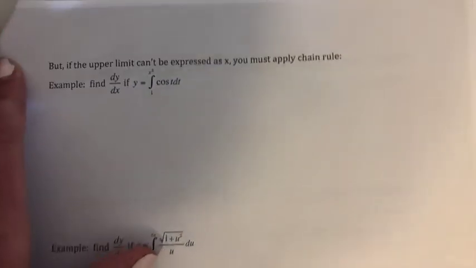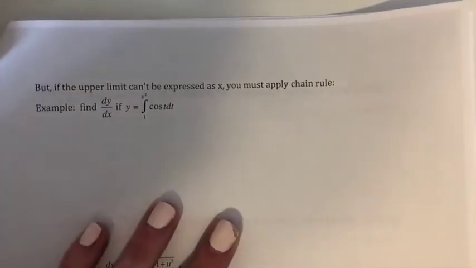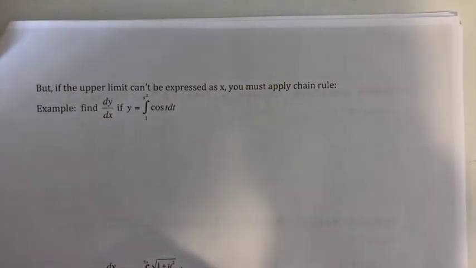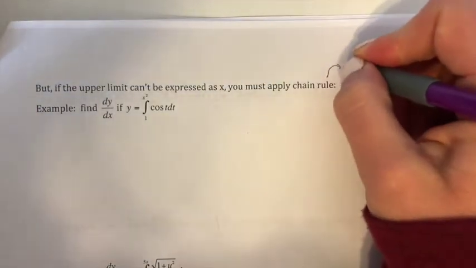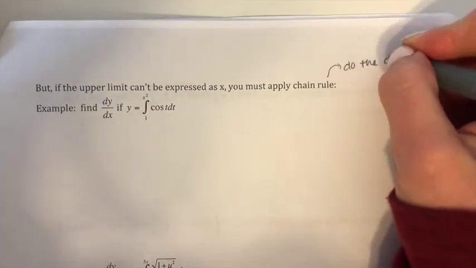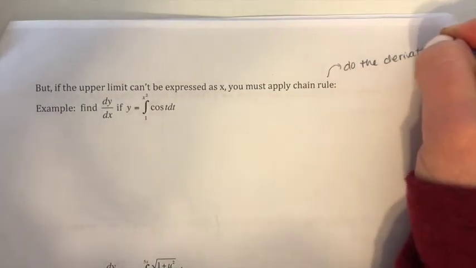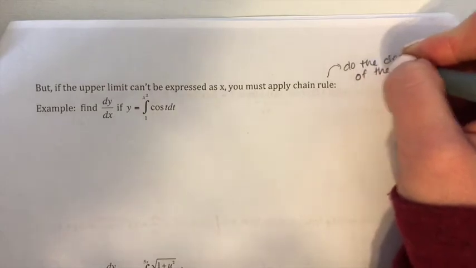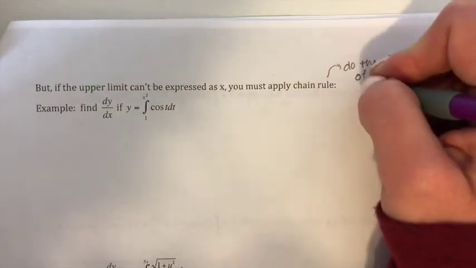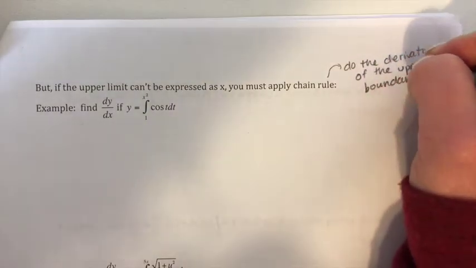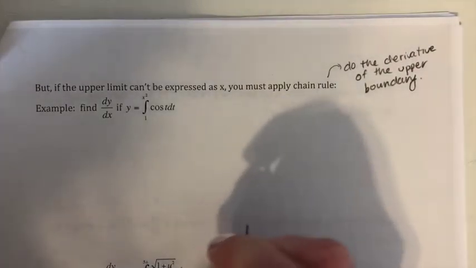Okay, if the upper limit can't be expressed as x, we need to apply the chain rule. So basically we're going to do the derivative of the upper boundary. So we don't need to do a chain rule for the whole thing.